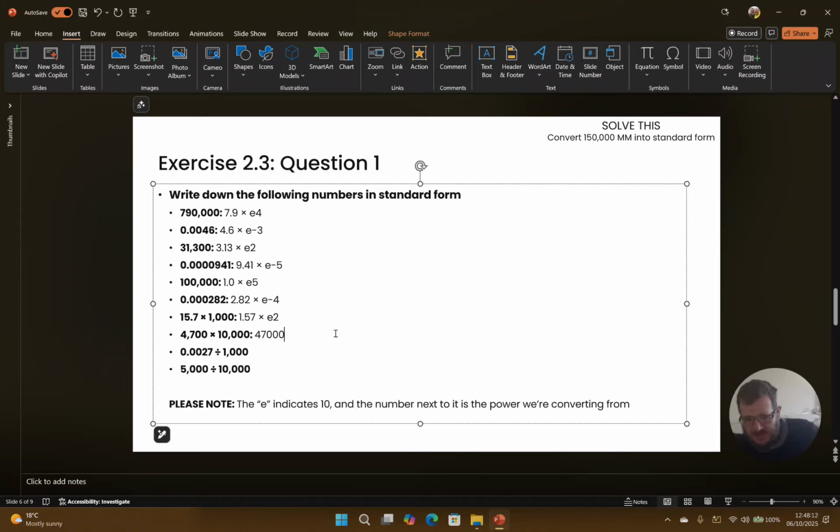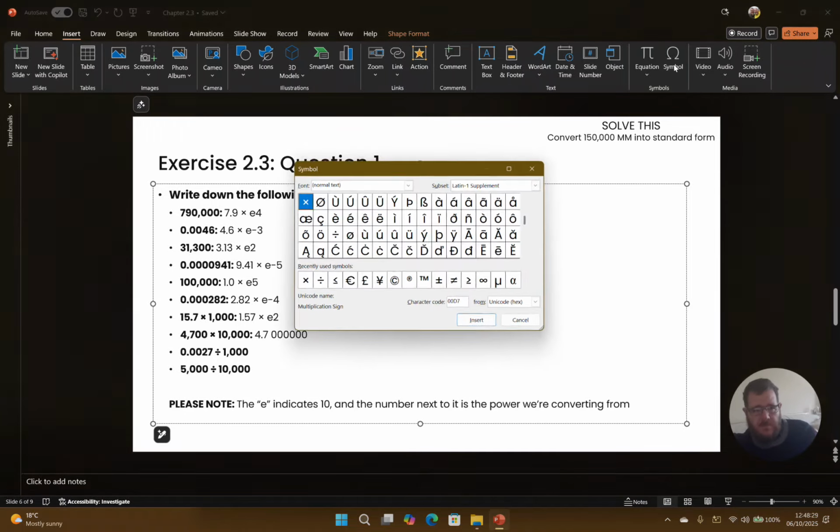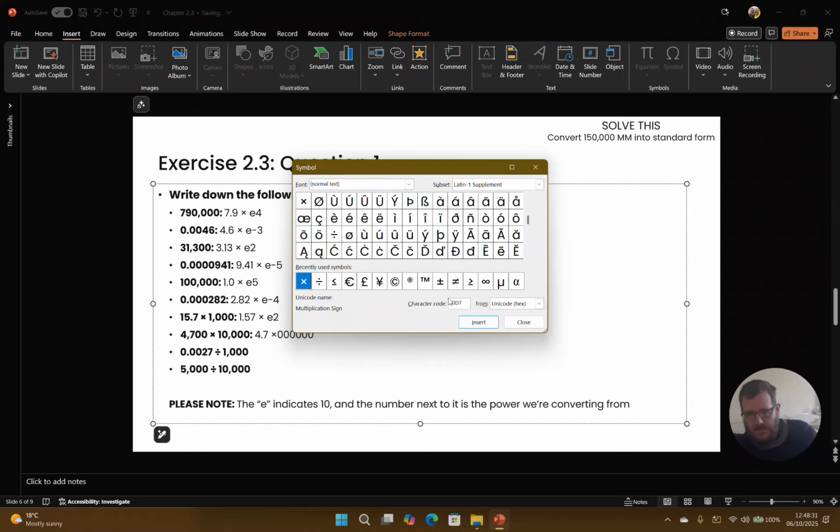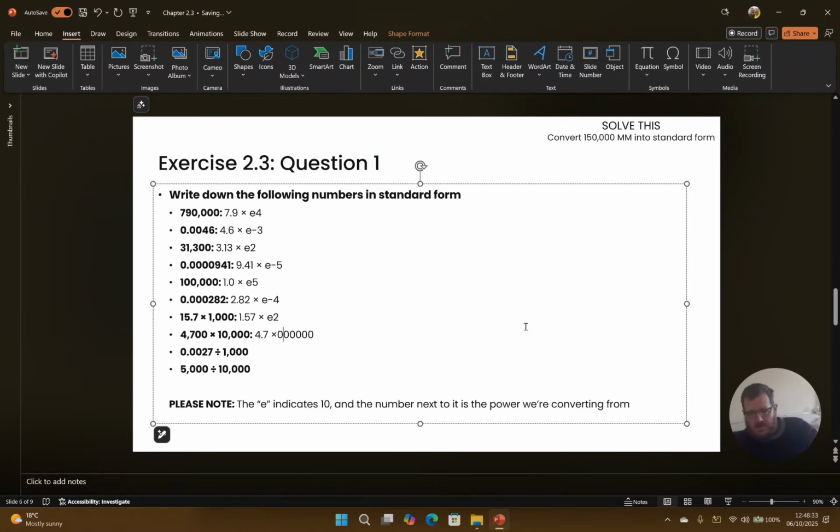Times by 10, that's 100, that's 1,000, that's 10,000. Write the number between 1 and 10. And then do your power of 1, 2, 3, 4, 5. 1, 2, 3, 4, 5, 6.